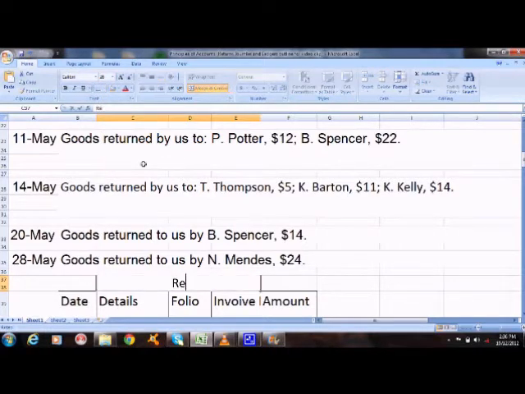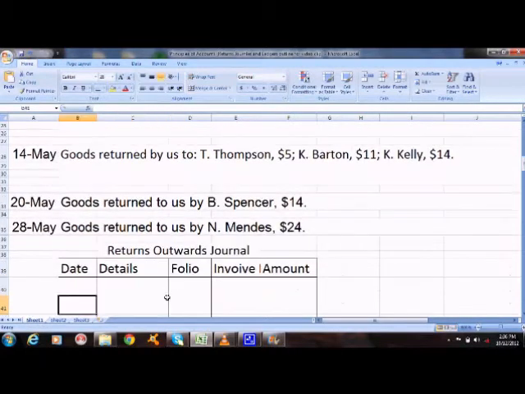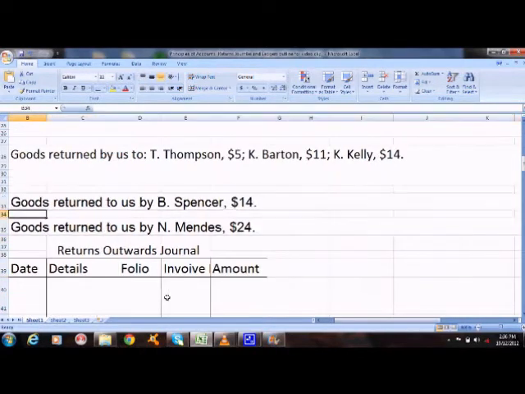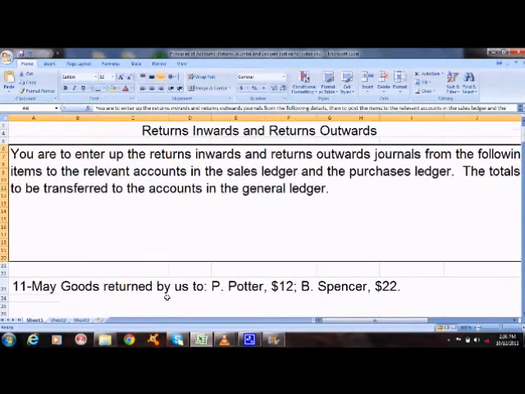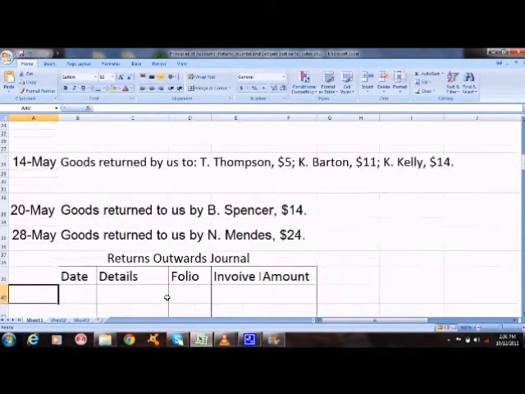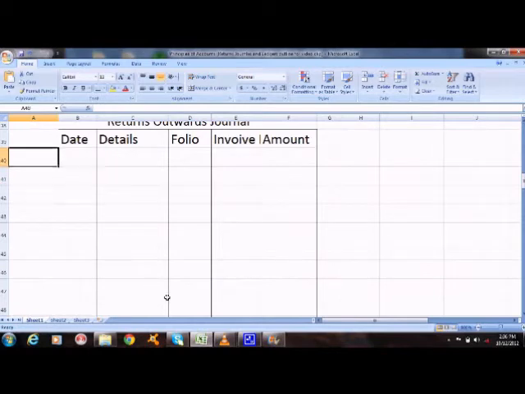So you're going to have returns outwards. We call it the journal. We don't have any page number. We're going to write it down. The year, we're going to assume that the year is 2011.